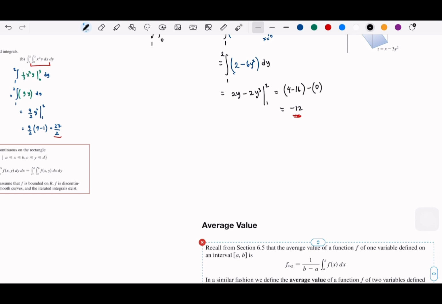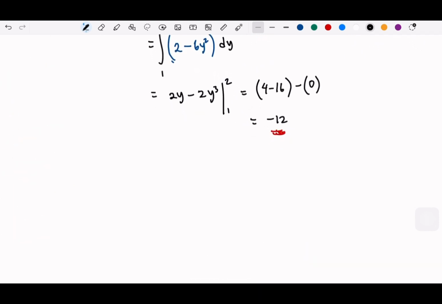Before the average value, there is another Fubini related result. So let me write first some notes here. Suppose f of x, y is such that we can separate the functions. So we can see the function is g of x times h of y.